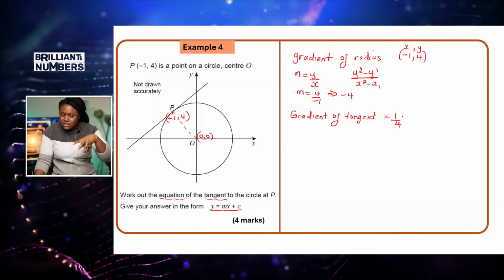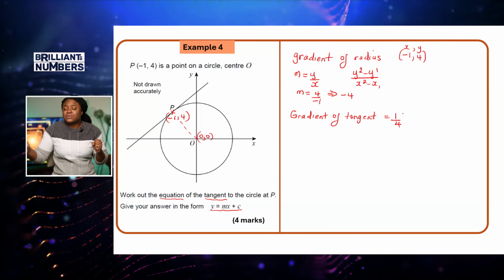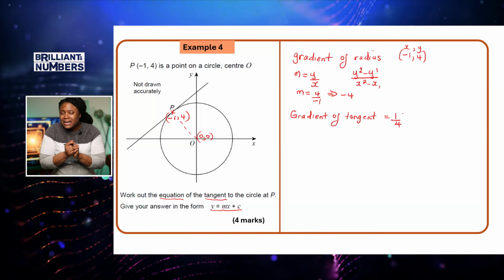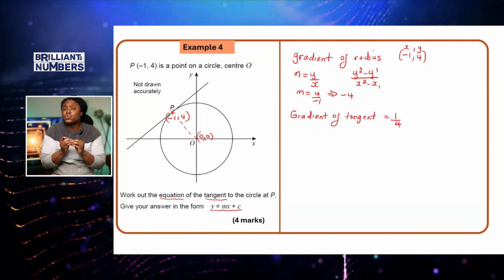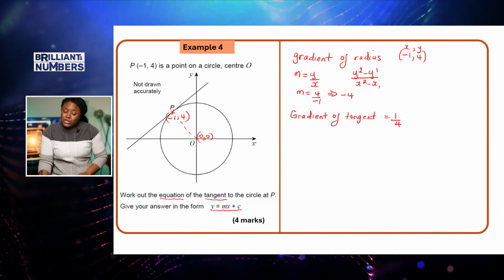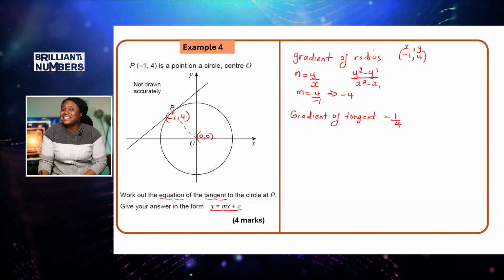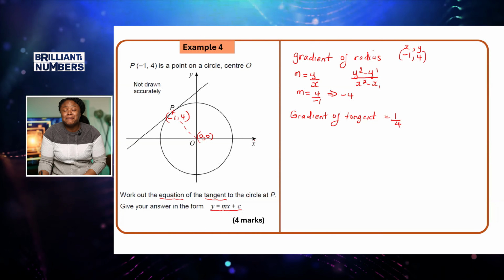So if a question asks you, test if these two lines are perpendicular, all you have to do is take both gradients, multiply them together. If you get -1, the answer is yes. If not, the answer is no. So now I know one thing about the equation of my tangent. I know the gradient. Beautiful.